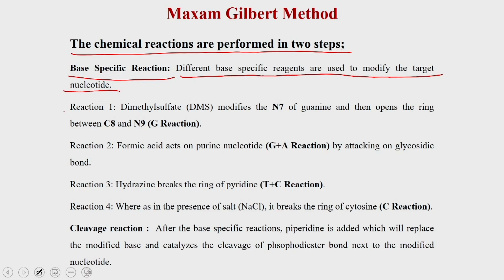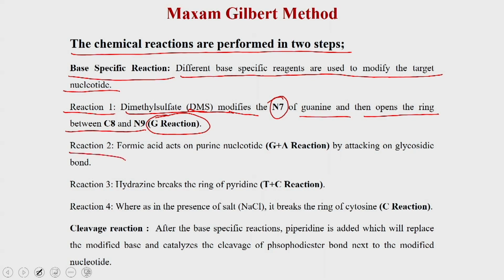So, reaction 1 is with dimethyl sulfate, which is going to modify the N7 of guanine and open the ring between C8 and N9. This reaction is called the G reaction because it is modifying the guanine in the DNA.